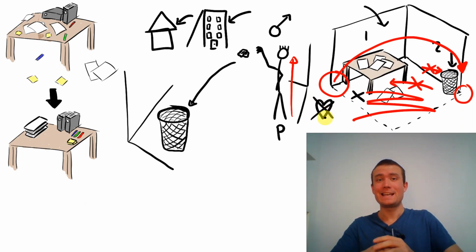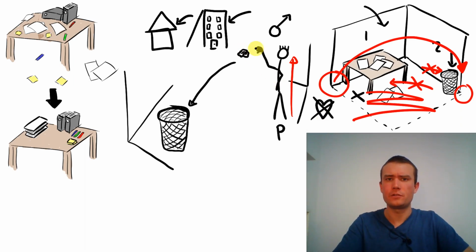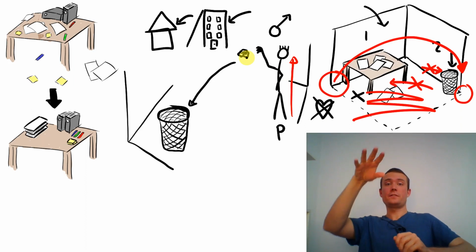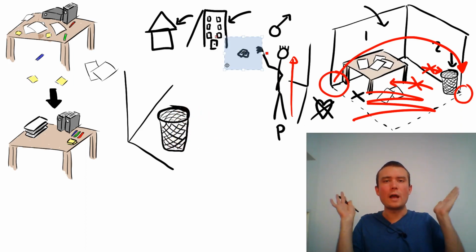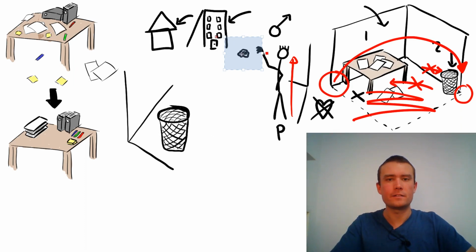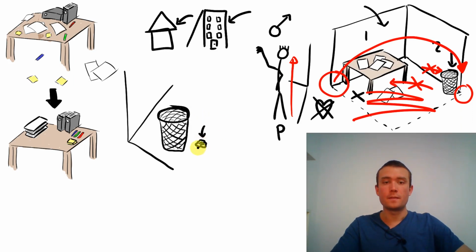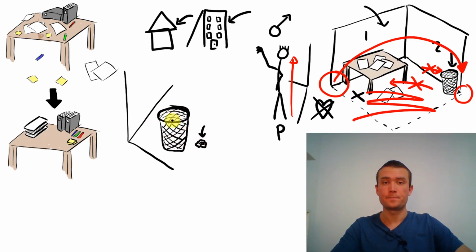So he scrunches up the sheet of paper and throws it to the bin. Where does the piece of paper land? Where does it land? The piece of paper lands in front of the bin.